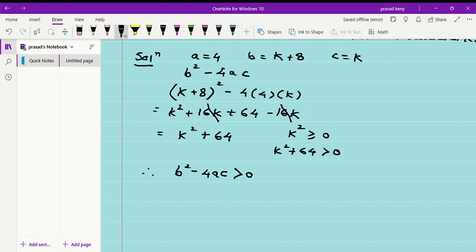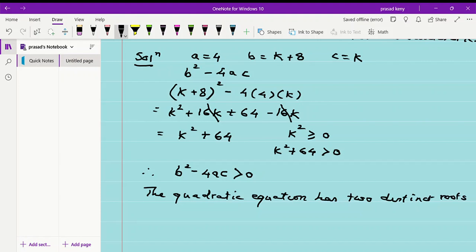which means the quadratic equation has two distinct roots for all values of k.